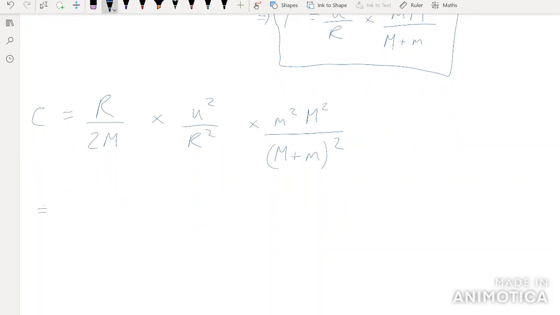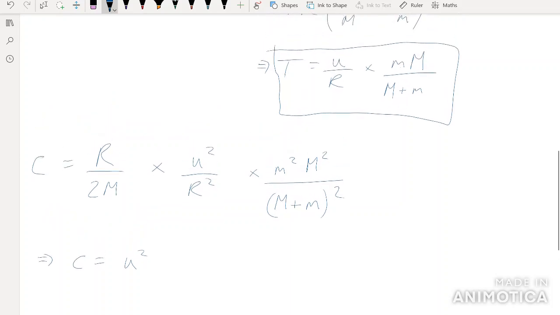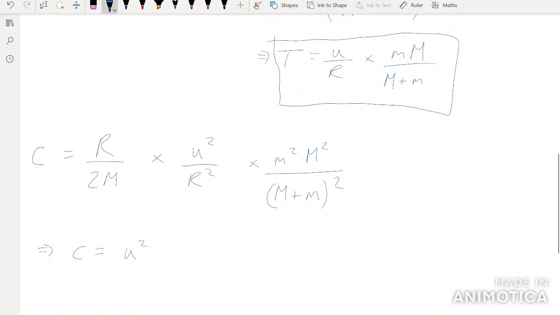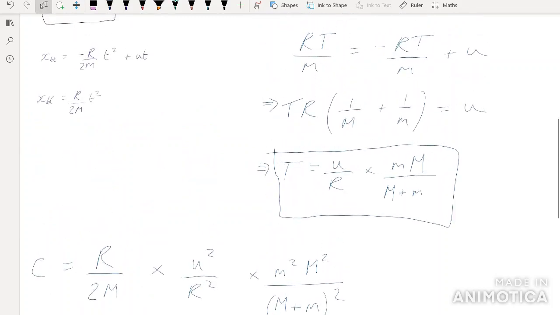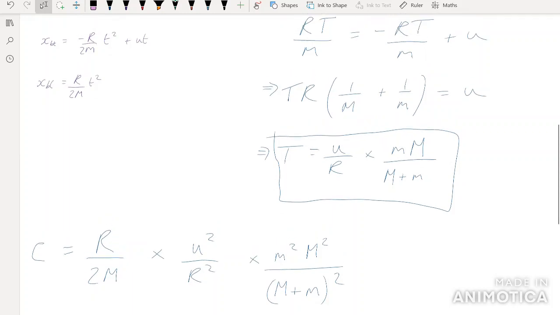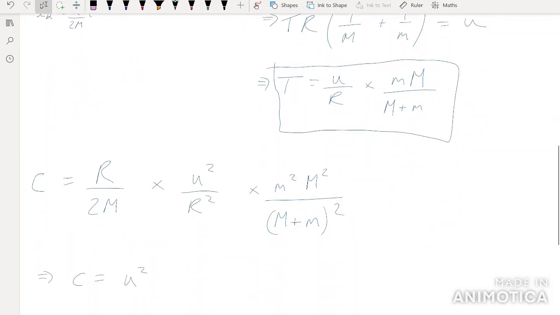Tidying that up a bit gives us that C is equal to, okay, that looks to me like it's going to be U squared M... should be correct.